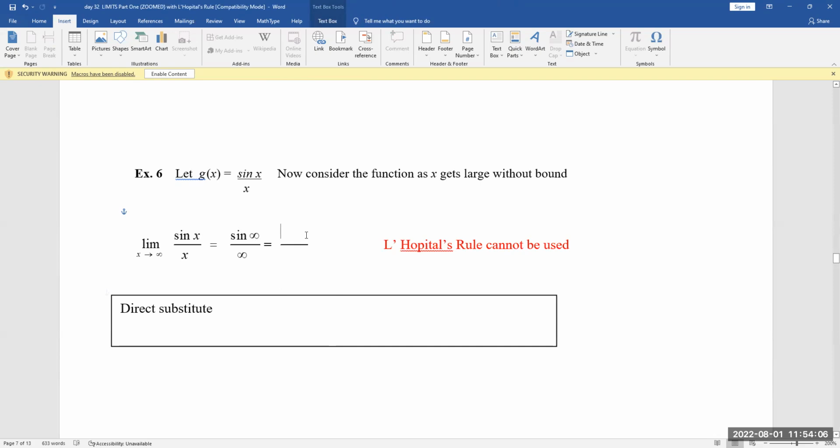And so the sine of a large angle can be anywhere between -1 and 1. And infinity in the denominator is just a very large number.